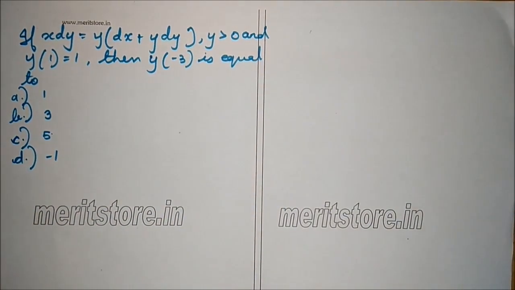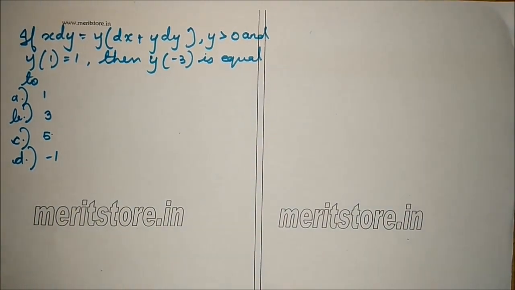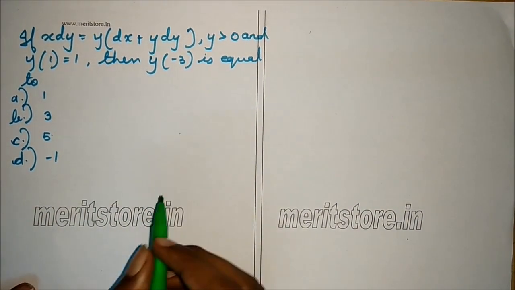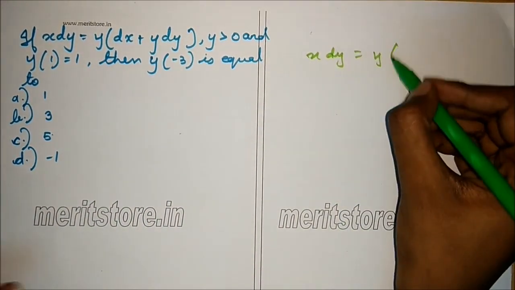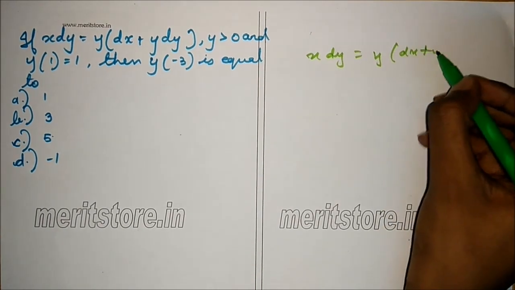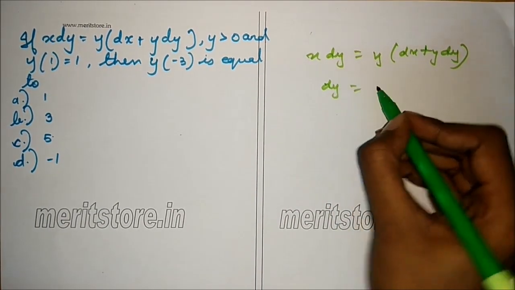If x into dy equals y into dx plus y dy, and y is greater than 0 and y of 1 is 1, then y of minus 3 is equal to what? So what is given is x dy equals y into dx plus y dy.